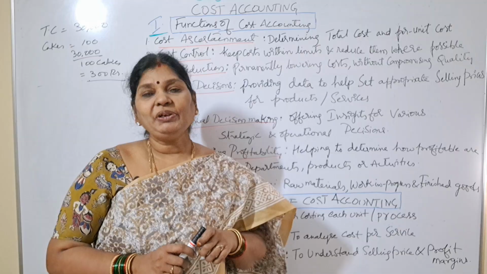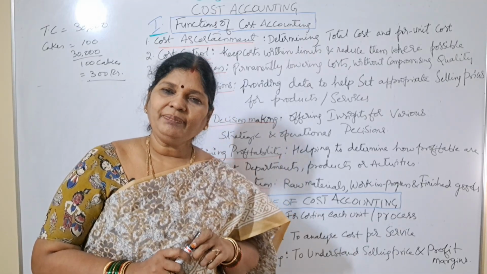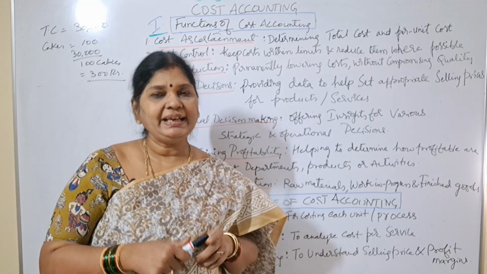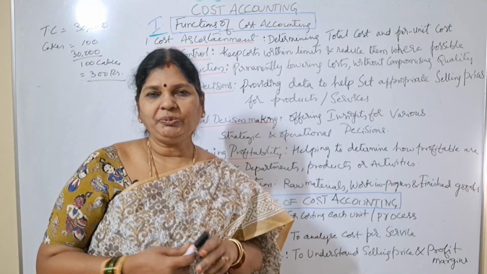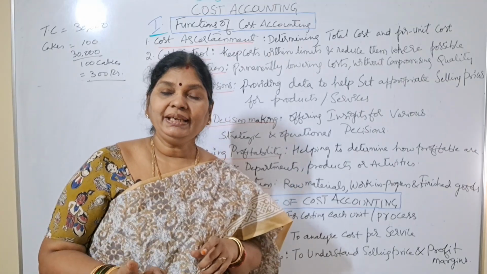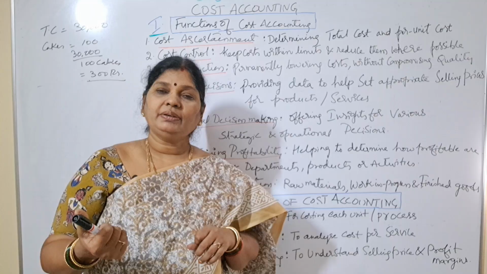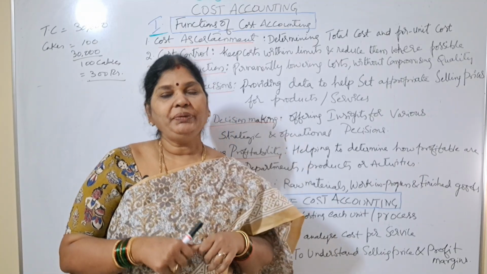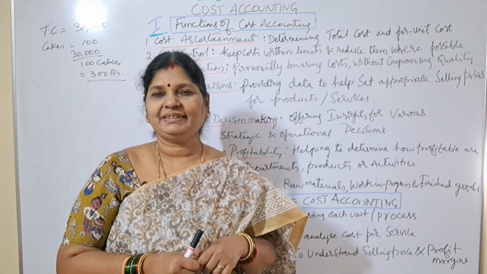Taking the example of a textile industry, we can know the cost of each process at different stages of fabric production, like spinning, weaving, and dyeing, and we can also know the cost per meter of our fabric.